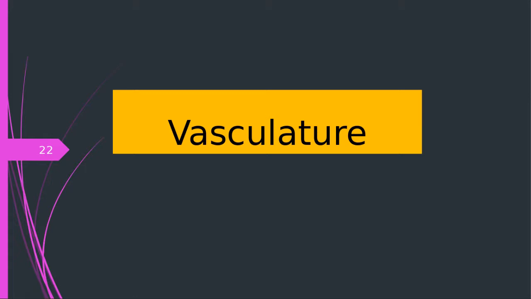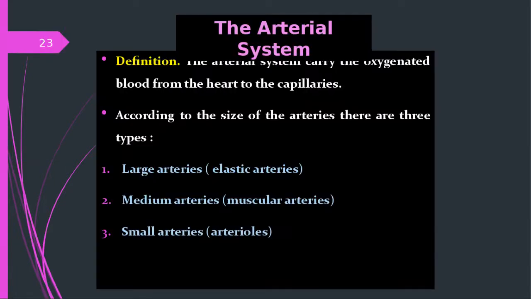Now we will be talking about vasculature. What are vasculatures? Vasculatures are basically your vessels: arteries, veins and capillaries. These things you have to remember in vasculature. The arterial system carries the oxygenated blood from the heart to the capillaries.